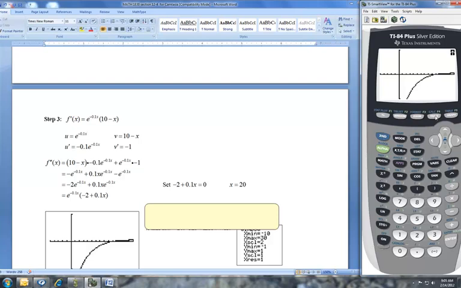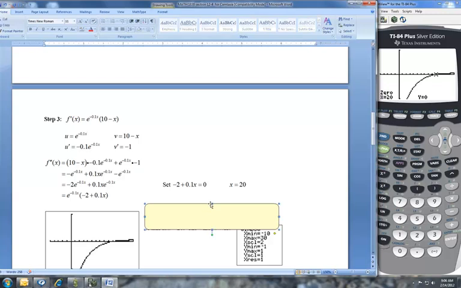We can verify this by doing second trace for the calc menu, 0. And I'll put in 18. Whoop, go back. That's good. And say 22. And I don't guess. So this is why I think it's a whole lot easier if you do this.